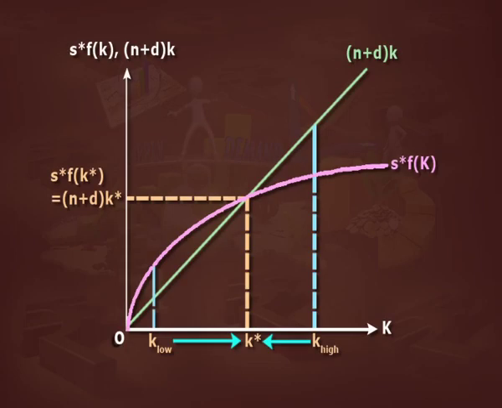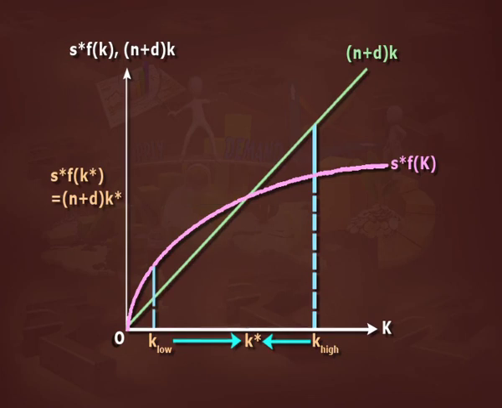In the figure, it is given that if our initial allocation of k were too high, k would decrease because depreciation exceeds investment. If our initial allocation were too low, k would increase because investment exceeds depreciation. At the point where both k and y are constant, it must be the case that change in k equals 0, or s times f(k) equals (n plus d)k.